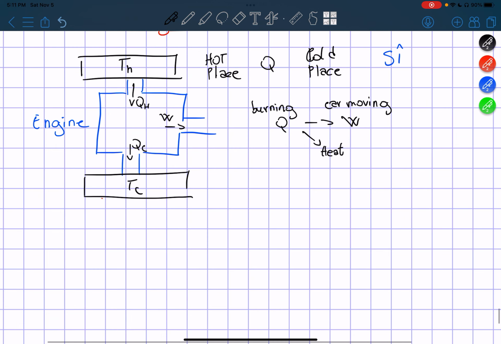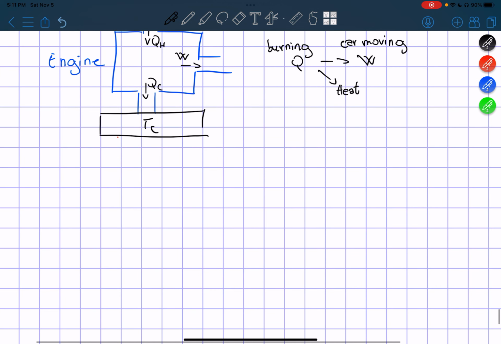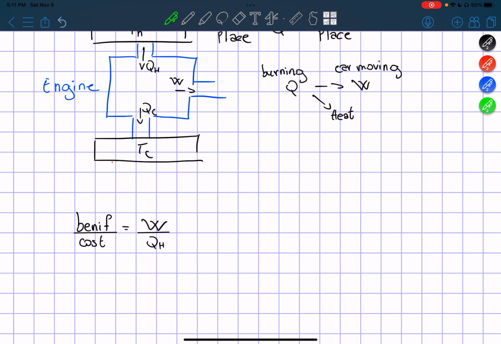Now, the ratio between the benefit that we're getting, or the work, and the cost of the heat that we started from, or QH, which is the heat coming from the hot reservoir, is equal to the efficiency.